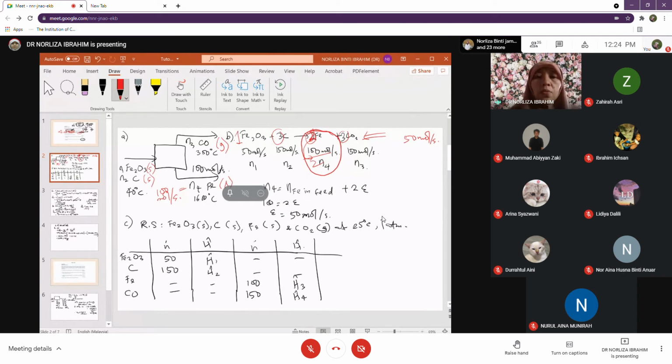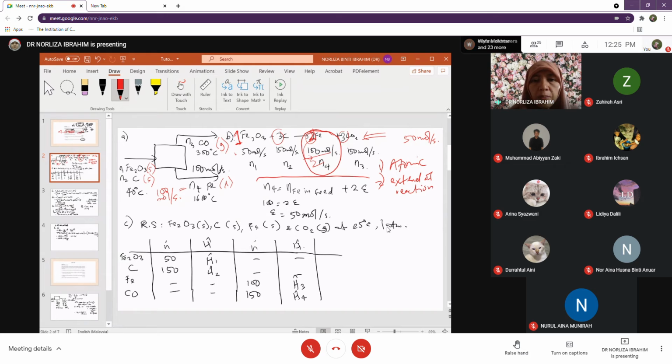This is a very straightforward calculation. You can still use the atomic balance or the extent of reaction. If you can recall your CPP1 or material balance, you can use the extent of reaction.